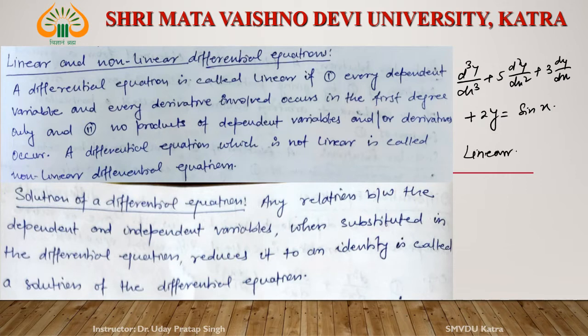Why linear? See, every derivative is of first degree, and the dependent variable is also of first degree. There is no product of the dependent variable with itself or with the derivatives involved in the differential equation. So it is linear. Okay.